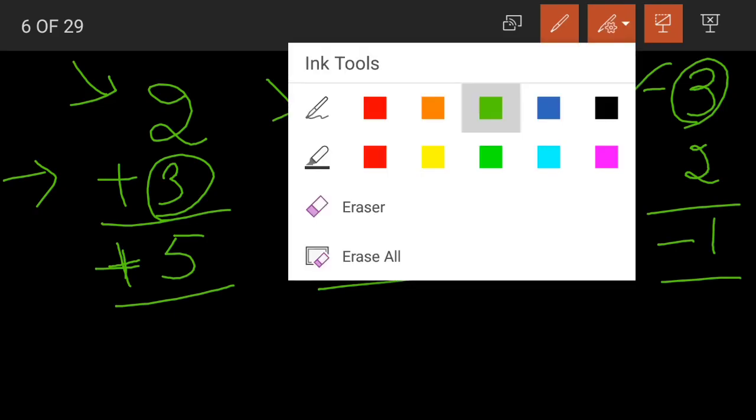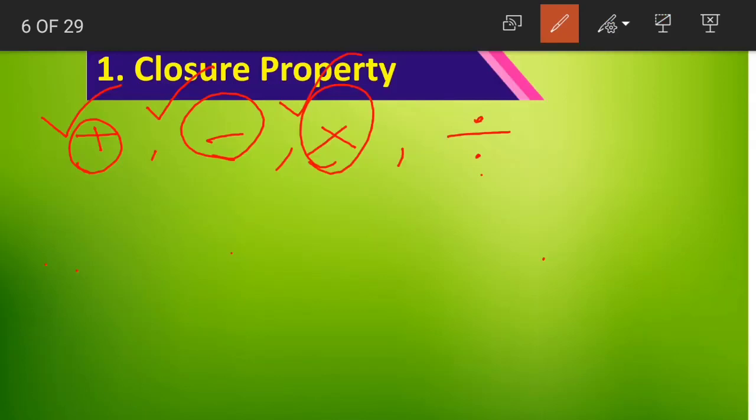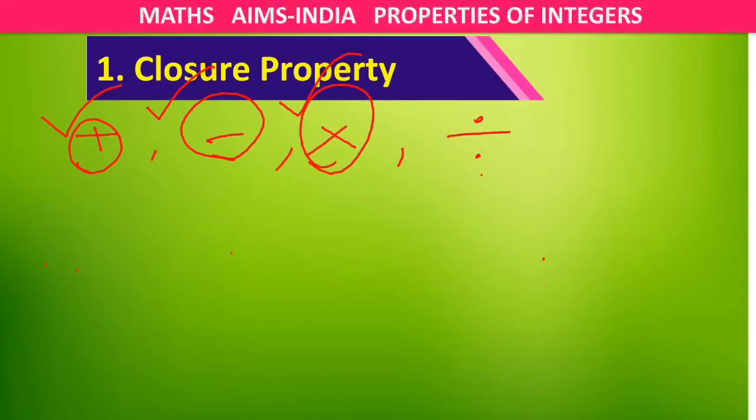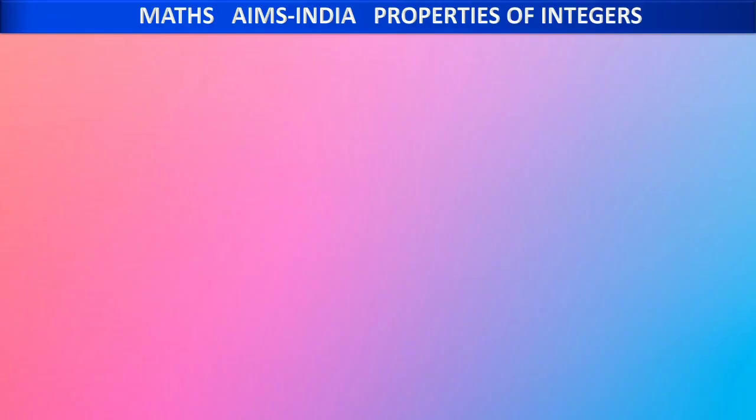And when we multiply or divide, when there are similar signs, the answer will be positive, and when there are different signs, the answer will be negative. Clear, class? Many students get confused about which sign to put, and because of that small sign your whole answer will become wrong. So please be careful.